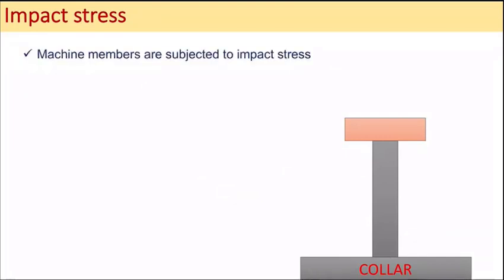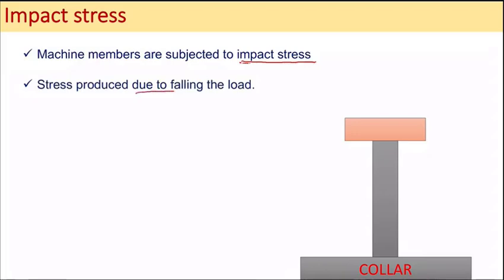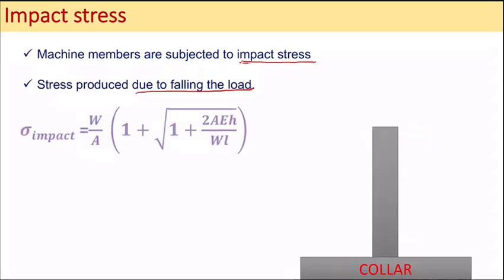Next, impact stress. Machine members are subjected to impact stress when the load is applied suddenly. Stress is produced due to falling of the load. See, now there is a load suddenly falling on the object. So we can calculate the stress by multiplying by some value due to the impact.